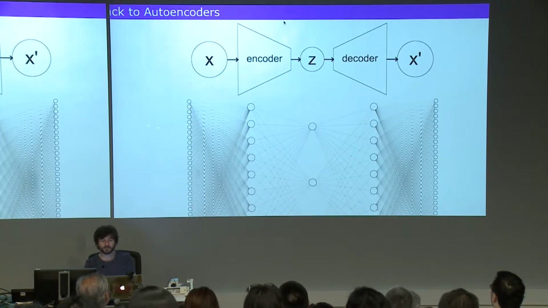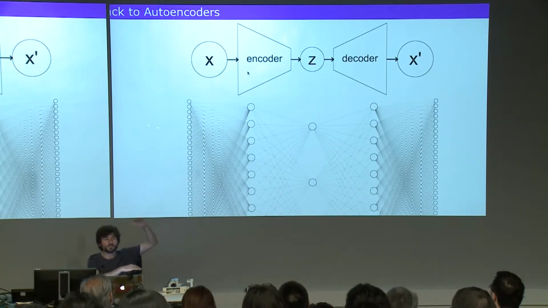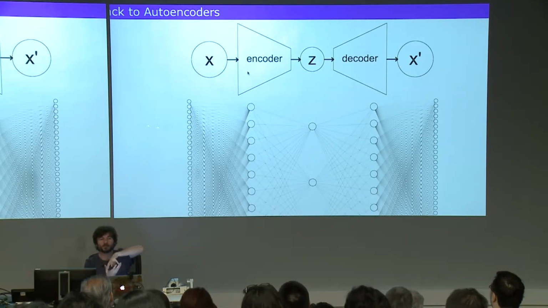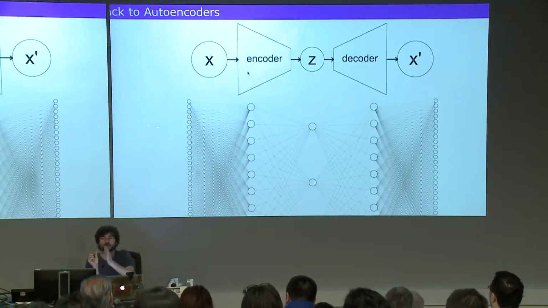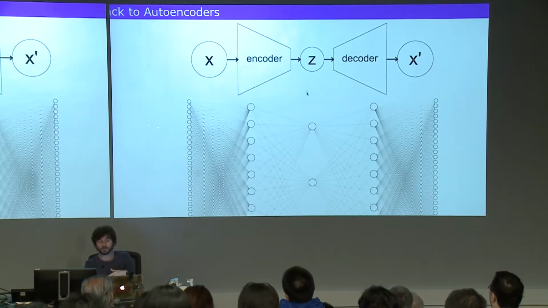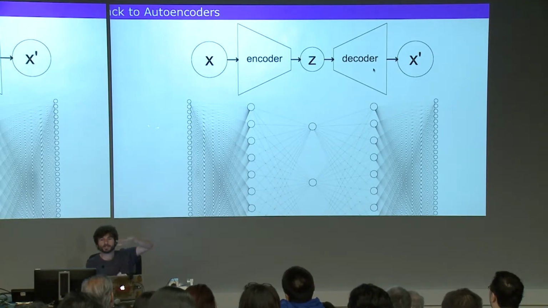The first half of the neural network is the encoding part that goes from the original input to some high-level representation of fewer numbers, like your PCA components. And then the second half of the network is the decoder. It goes from the high-level representation back out to the image.